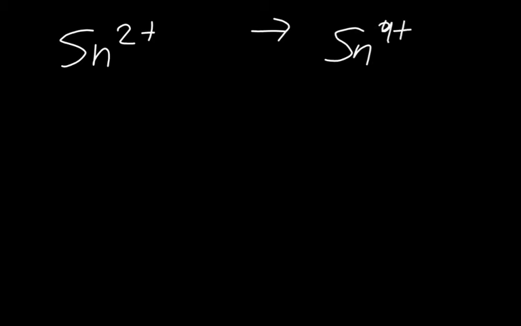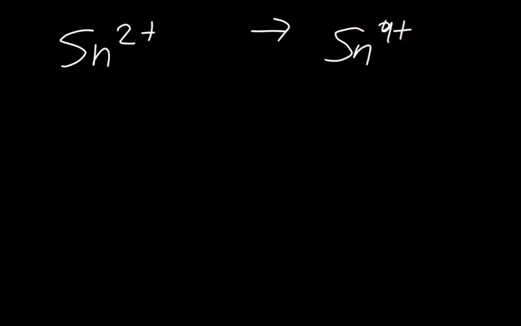Now to balance the other half reaction in the equation. Tin on this side has a +2 charge, and tin on this side has a +4 charge. That means that essentially tin is getting oxidized because it's losing electrons, gaining a higher oxidation state.